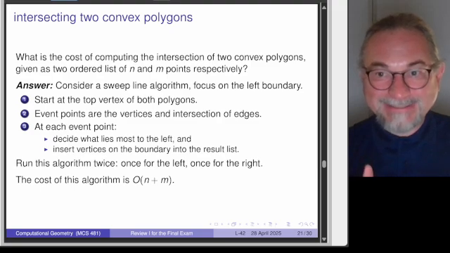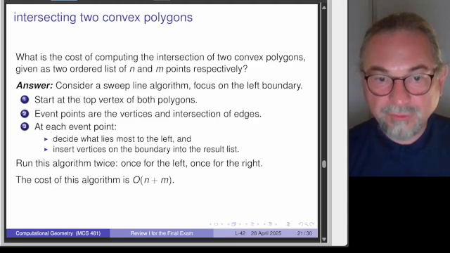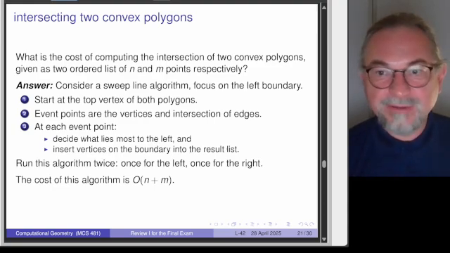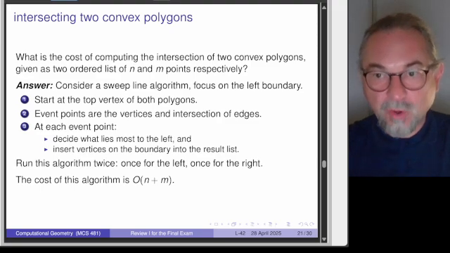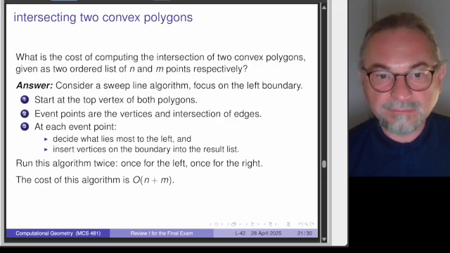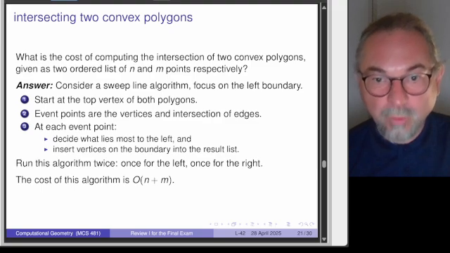Now again, the intersection points: if you do this by intersecting all possible edges, which is a very bad and dumb thing to do, because you only intersect adjacent edges. So you actually know when there could be a new vertex or not. We are actually not sorting, so this is not n or n plus m times the logarithm of the total number of points. No, we can actually walk.